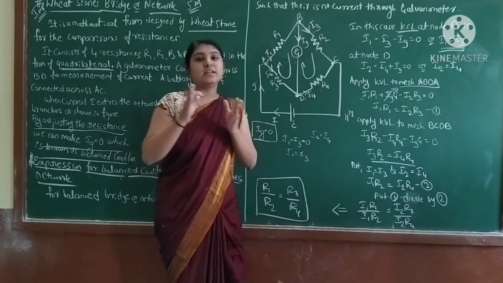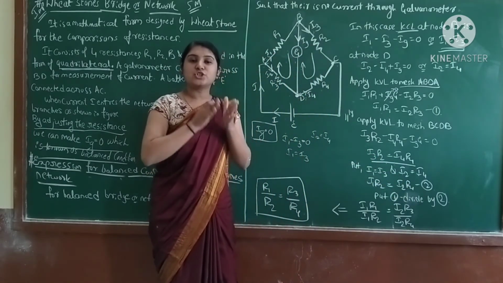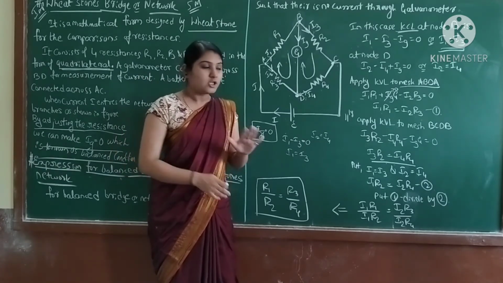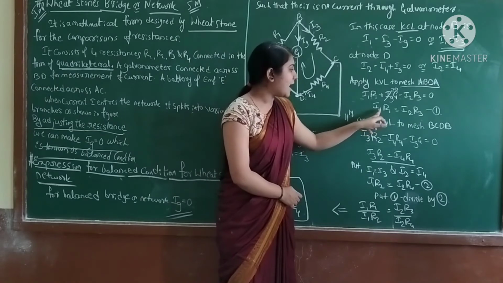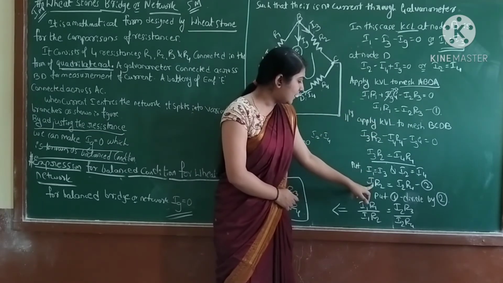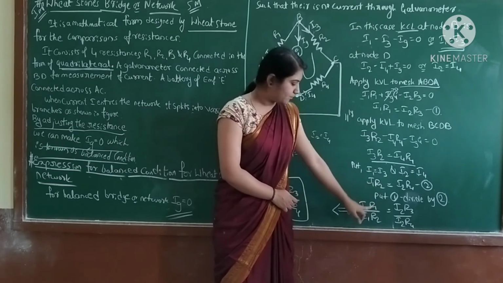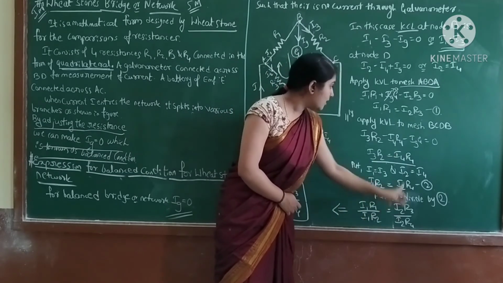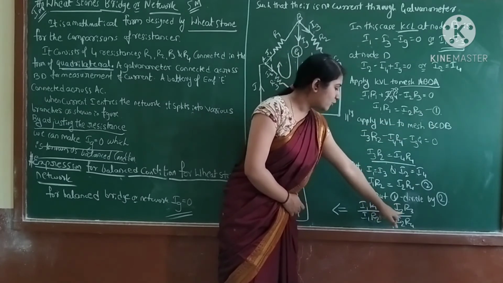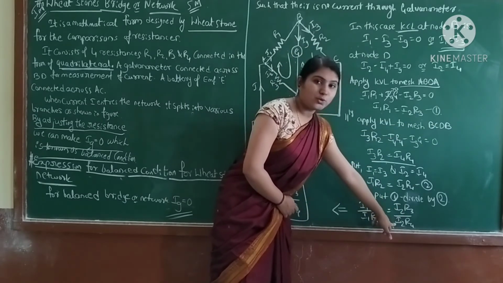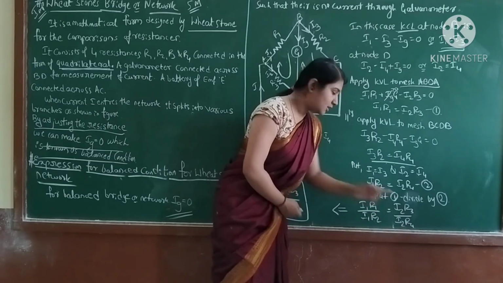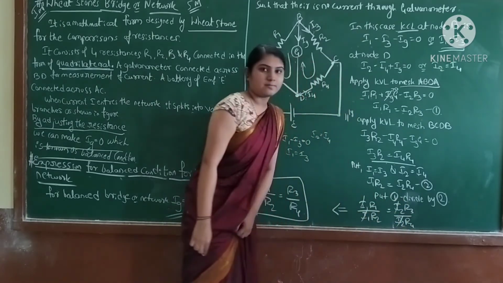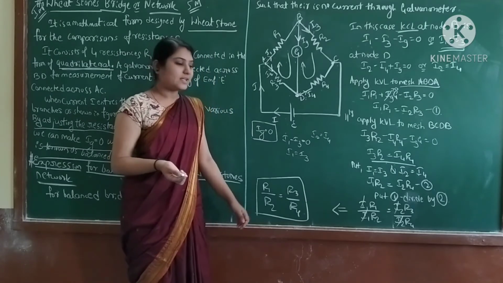Now equation 1 divided by equation 2. I1 R1 divided by I1 into R2 is equal to I2 into R3 divided by I2 into R4. So what will you get? I1 gets cancelled, I2 gets cancelled. What remains at the end?